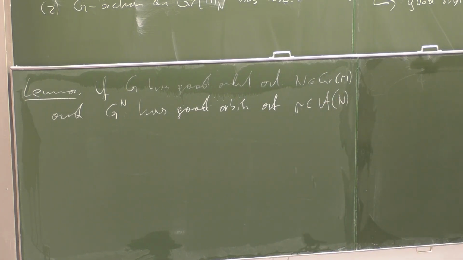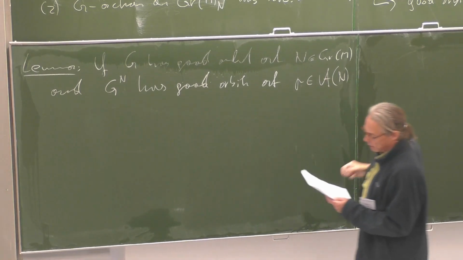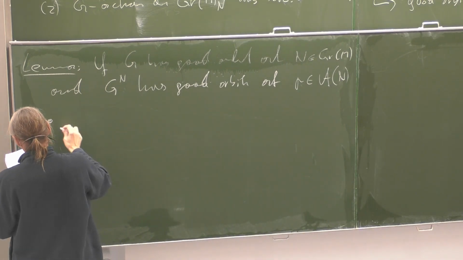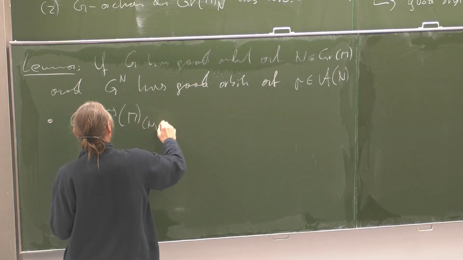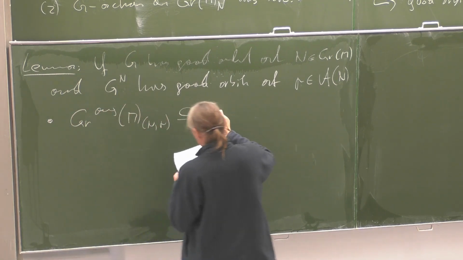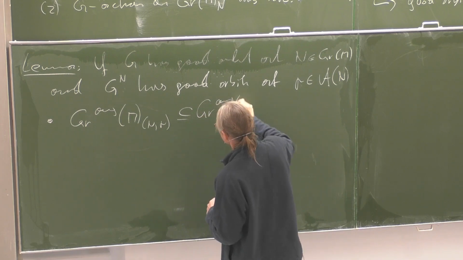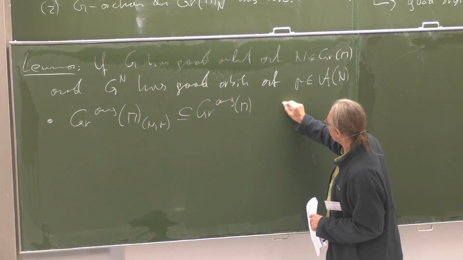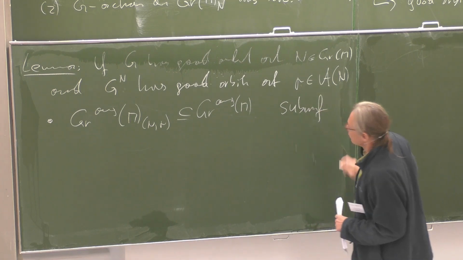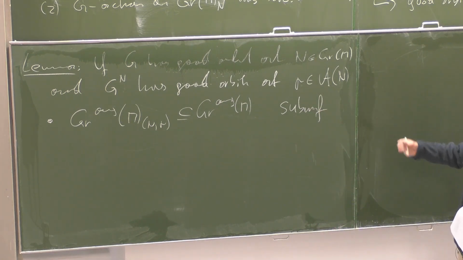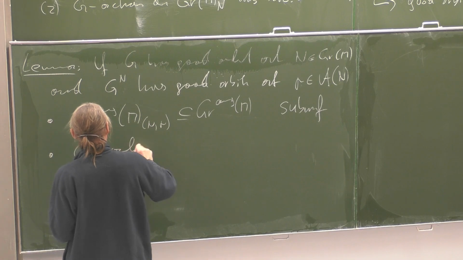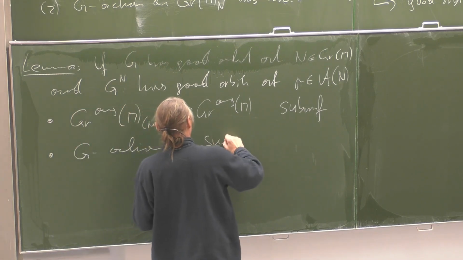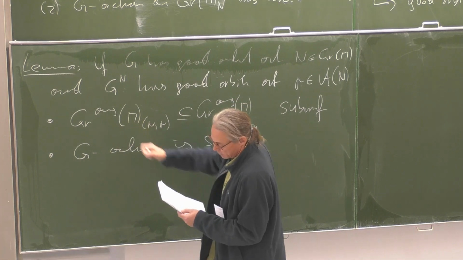It's sufficient. If this happens, then the orbit in the augmented Grassmannian, a subset in the full Grassmannian, of course, is a submanifold. Again, an initial submanifold, a splitting initial submanifold. The G action is smooth on this orbit.